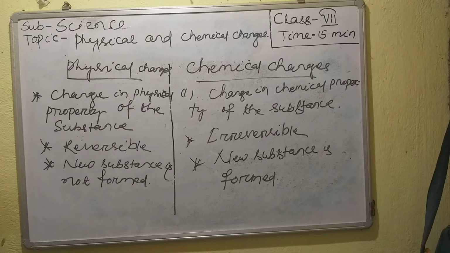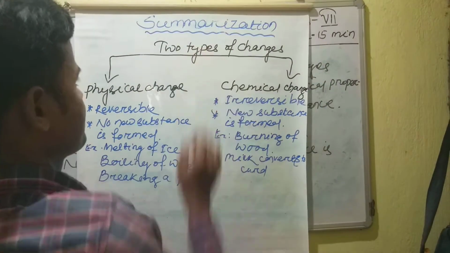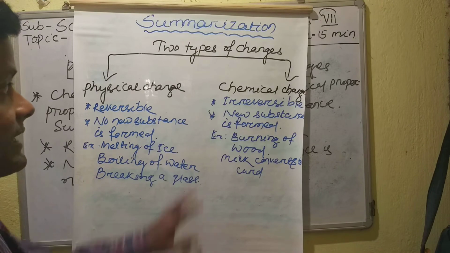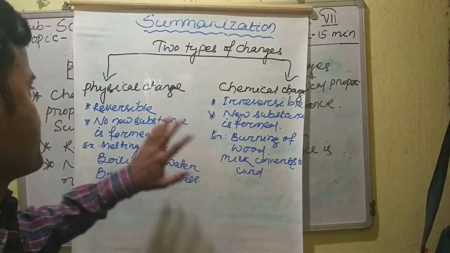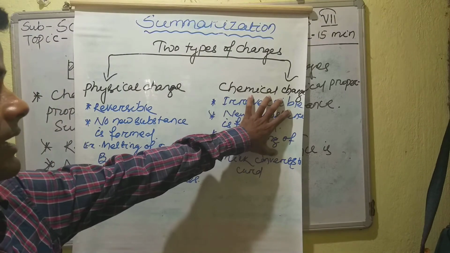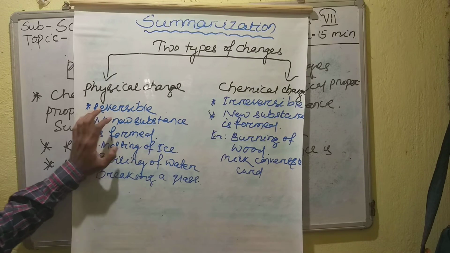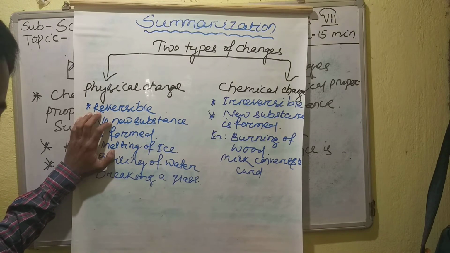Right? Let us summarize what we have studied today. Generally, there are two types of changes. One is physical change and another is chemical change. Physical change is reversible.